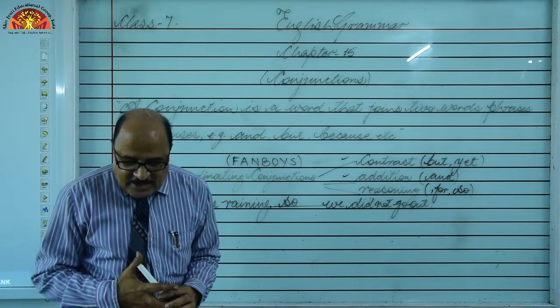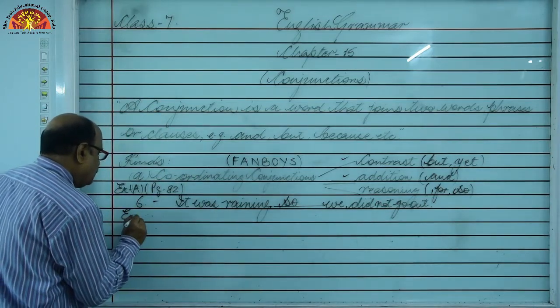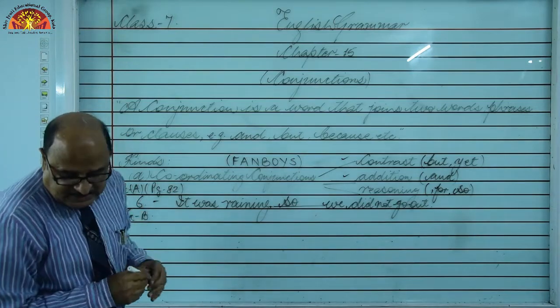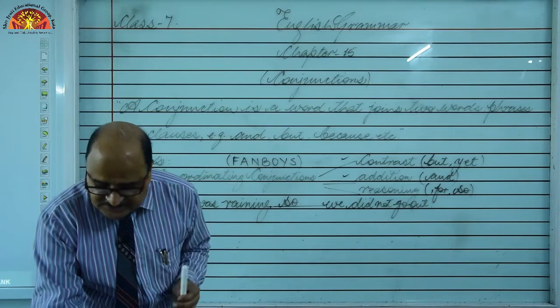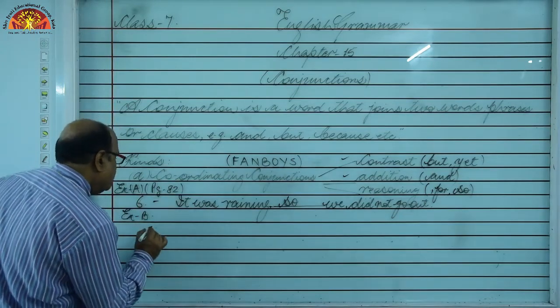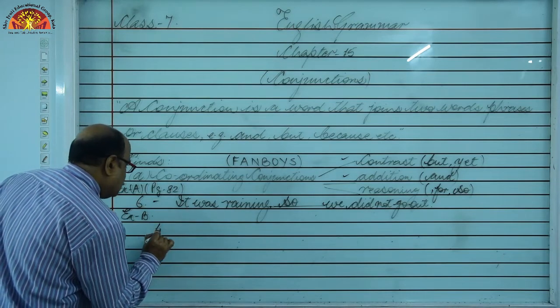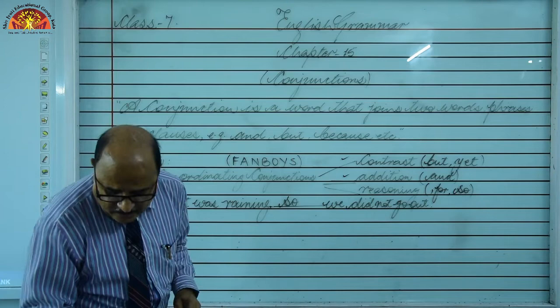Okay, students. Next is exercise B. Exercise B is there. You can see on the same page, exercise B is there, and you can see so many sentences are there, and sentence number 4. Randomly we are attempting sentence number 4, and that is Shreya had hurt herself.